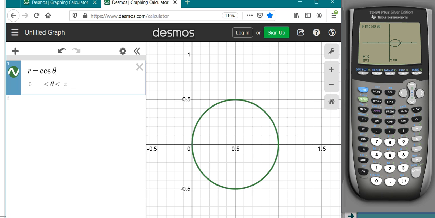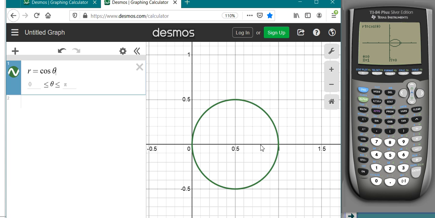But how about decimals? This is a free website, www.desmos.com. Now, if you input r equals cosine theta, you will get this picture easily. You can see the center is 0.5 for x, and y is 0.